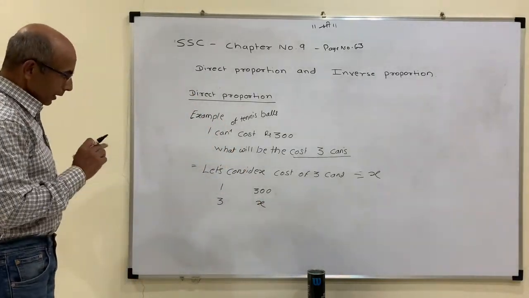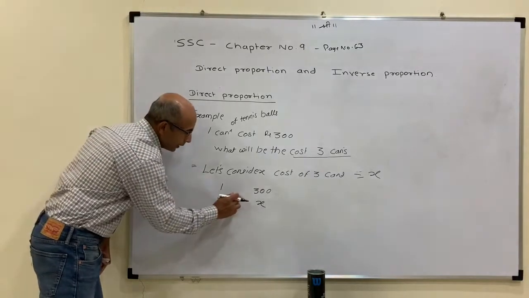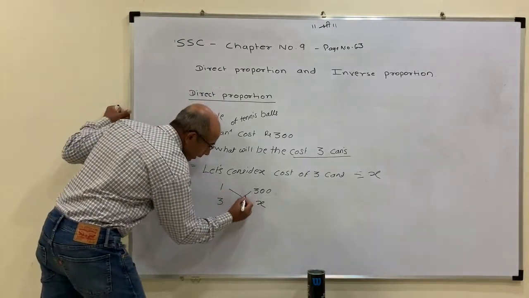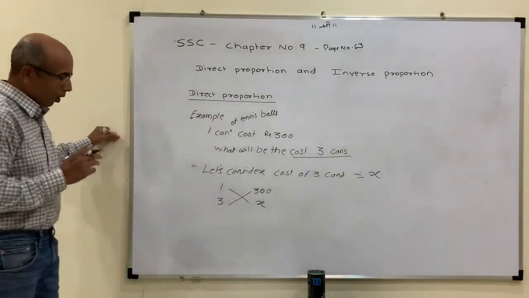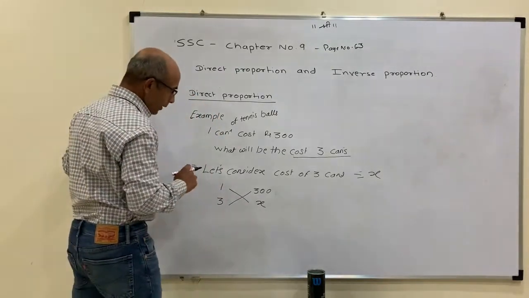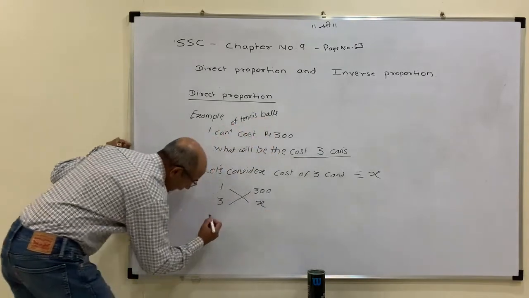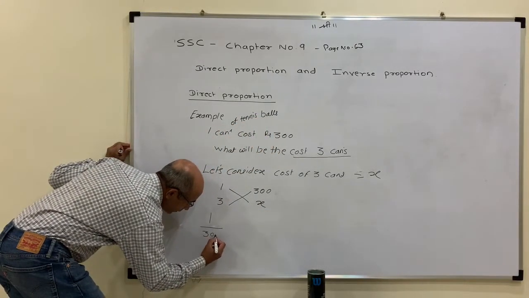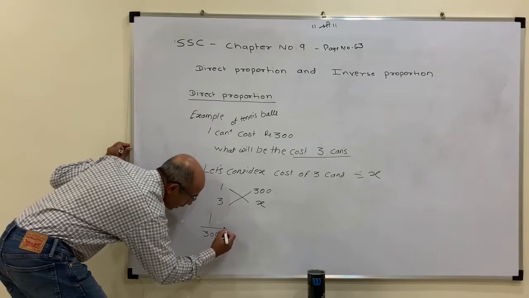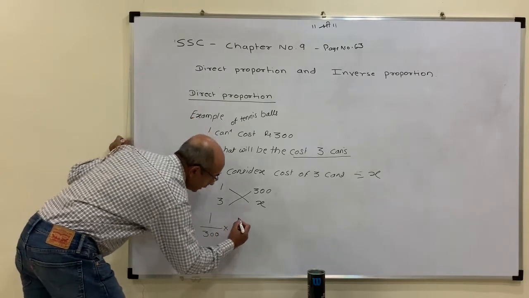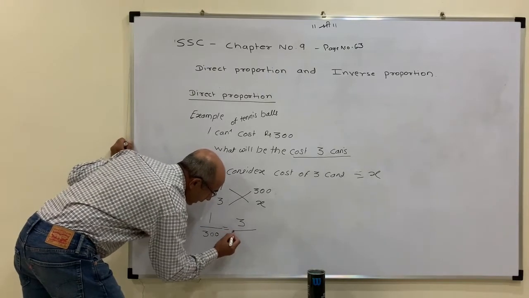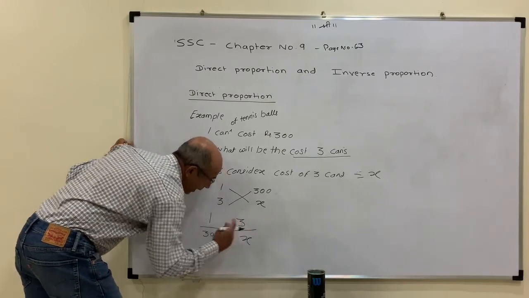Here there are two ways of doing these things. One way of doing, you cross multiply, or the other way is 1 can for 300 rupees and 3 cans for X rupees.